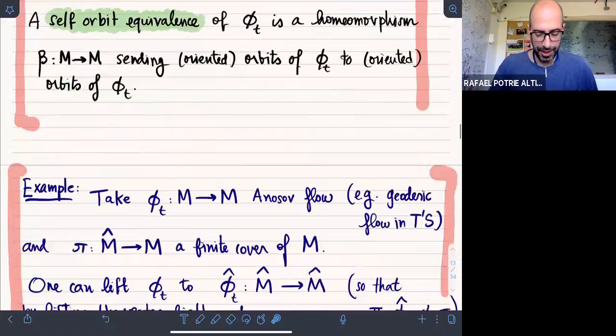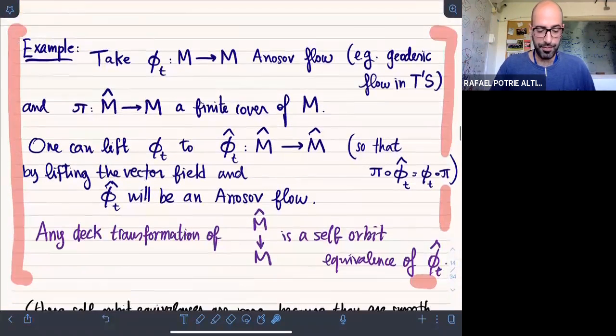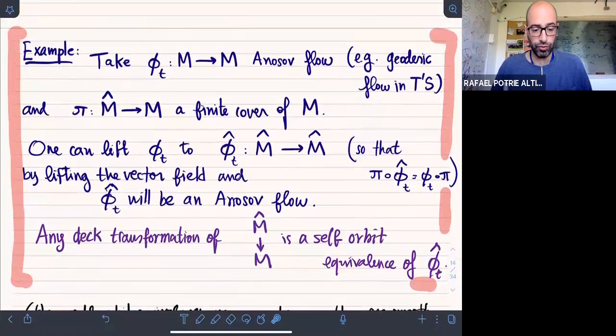Okay, so let me give you the first trivial example, whose relationship with partially hyperbolic dynamics was explained in a paper by Bonatti and Wilkinson. You take an Anosov flow, for instance the geodesic flow that we constructed yesterday, and you take a finite cover of your manifold.